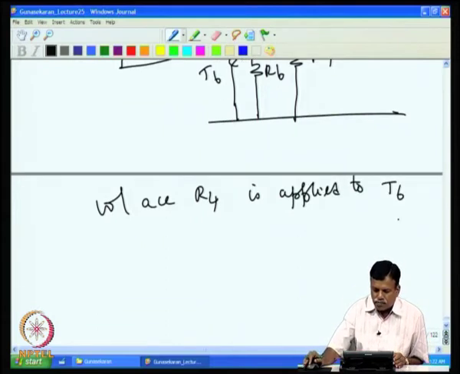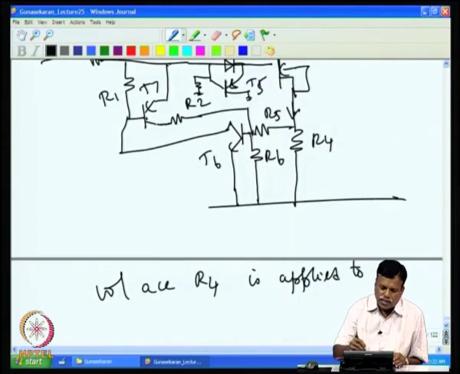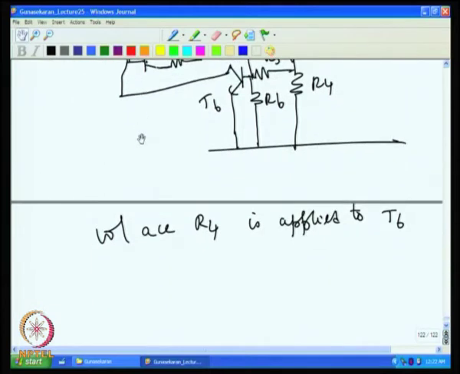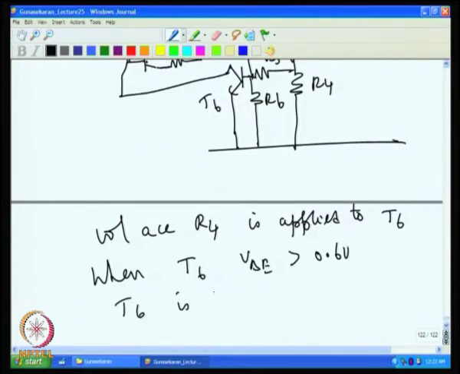So, at the base, when the voltage at this point is more than 0.6, then that makes the current flow through R1, and T7 is turned on, and then the voltage is applied back to T6. So, when T6 VBE is greater than 0.6 volt, T6 is turned on.